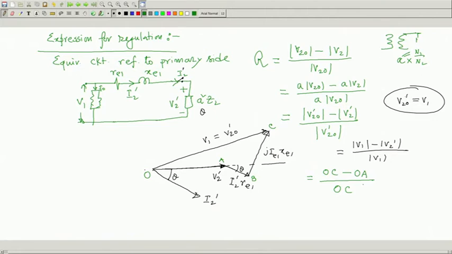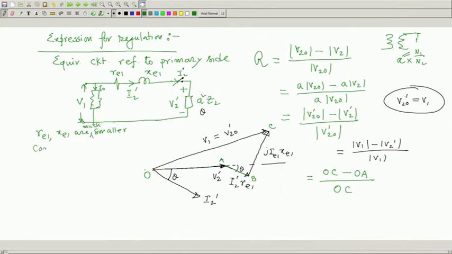Now, the argument you listen. The argument is these drops, this and this, both these drops are much smaller compared to these lengths. You must understand, because it is a well designed transformer, R_E and X_E1 are smaller. Much smaller.